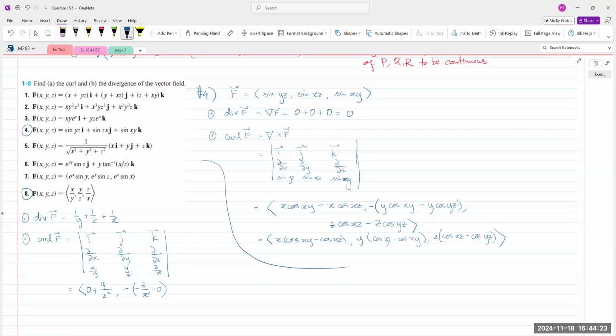Is it right? And then the third component, that's 0 minus negative x over y squared. So if I clean up, this is y over z squared, z over x squared, x over y squared.